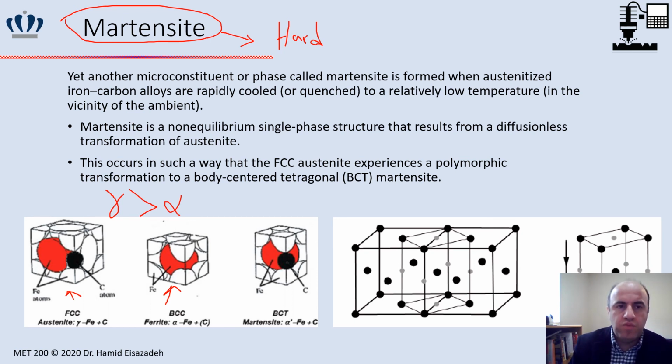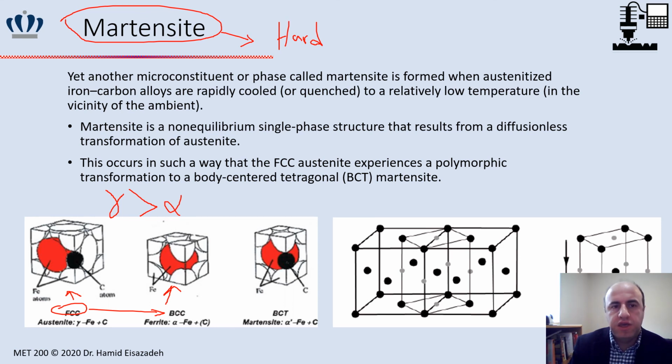When we cool the steel, the carbon is going to diffuse out. It doesn't want to stay there because the FCC is transforming to BCC. But it requires time to diffuse out.